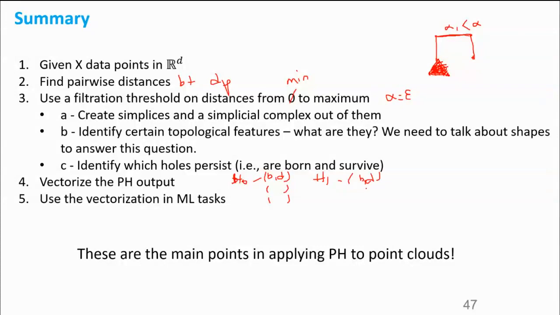However, this output, which is recorded in a persistence diagram, is not so useful. So we need to vectorize it. And by vectorize, I mean that we need to somehow serialize it in a nice vector so that this vector can be used in machine learning tasks. So this is called the vectorization. Yeah, these are the main points in applying persistent homology to point clouds.